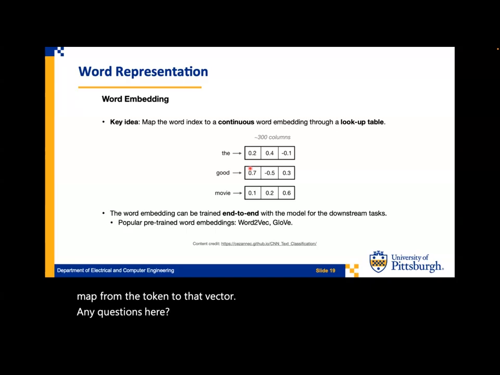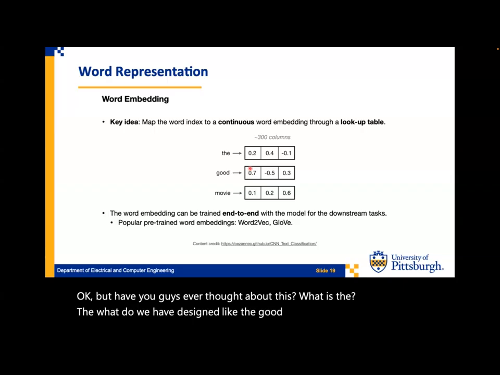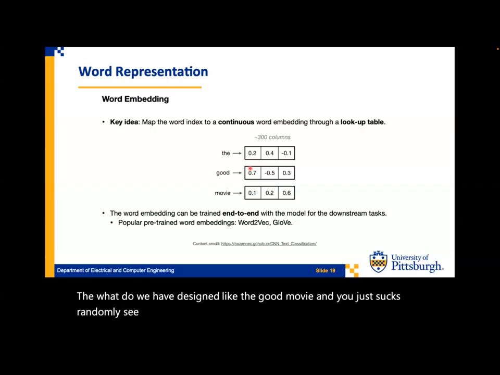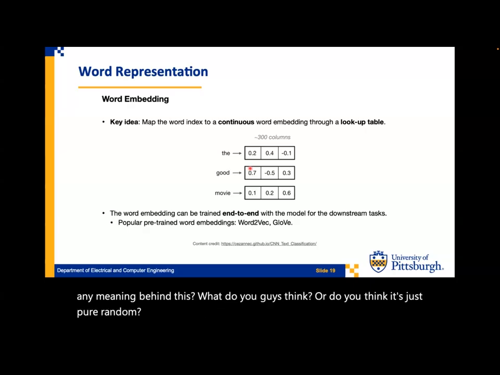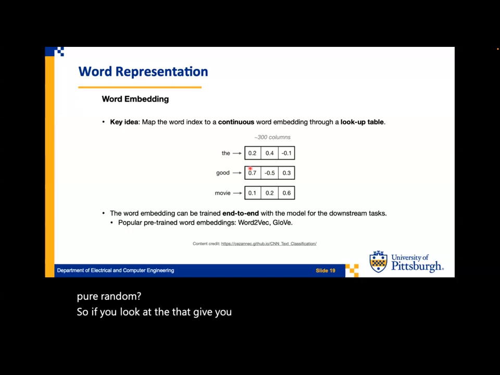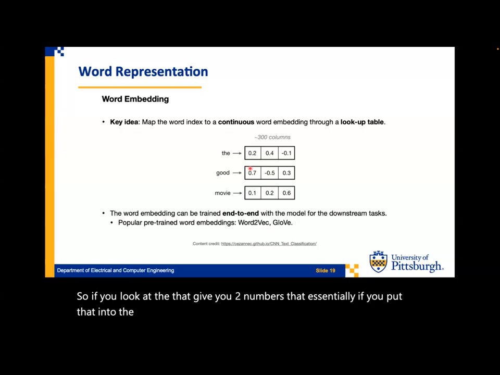But have you ever thought about this? When we are designing the embedding for "good movie," you just randomly see those three real numbers, right? What is the reasoning? Is there any meaning behind this? Do you think it's just pure random? Given three numbers, if you put them into a coordinate system, that's a point in three-dimensional space, right?